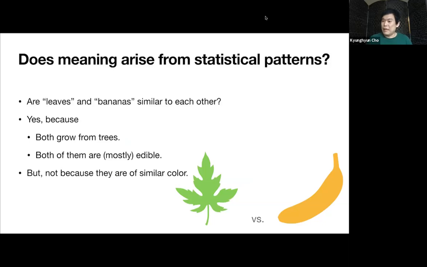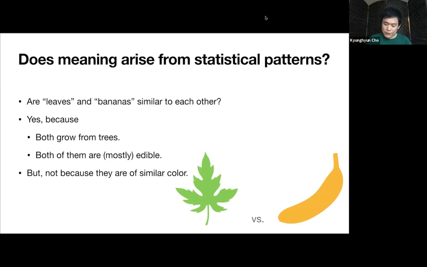I guess the answer is quite obviously yes. Why? Because both grow from trees. What that means is that in the text, we're going to see a lot of leaves or bananas show up together, that is co-occur, with words that are related to trees, forests, and whatnot. And both of them are often edible.